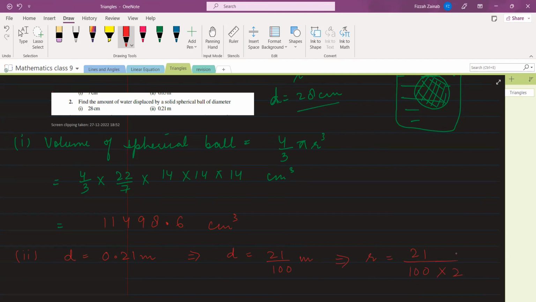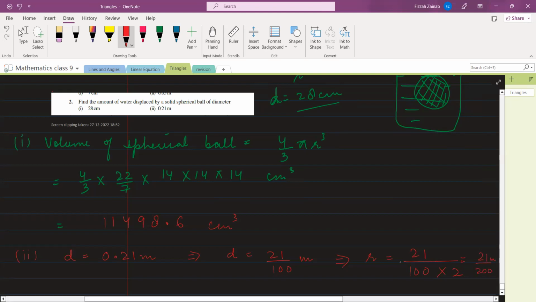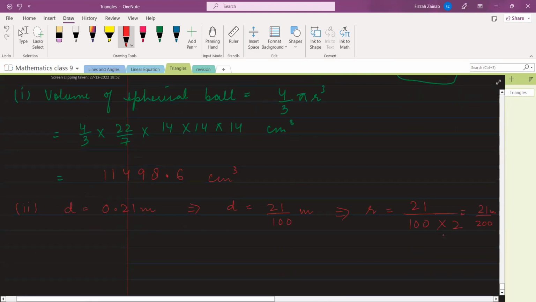So you can keep it like this: 21 divided by 200 meter. Put it like this in the formula, and then in the end you can multiply and divide.